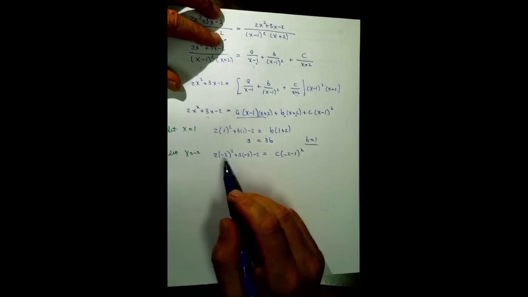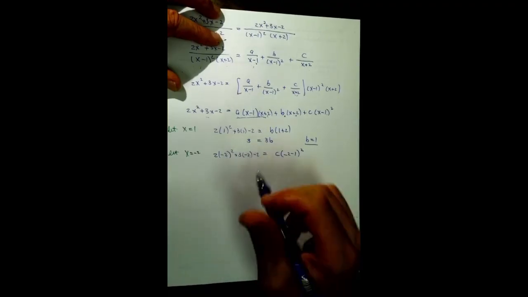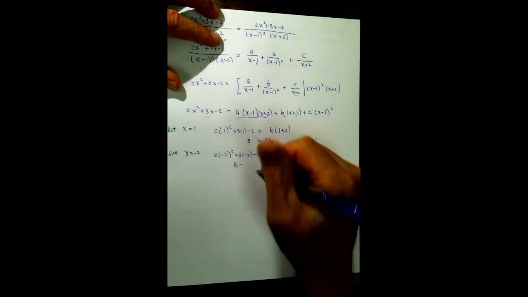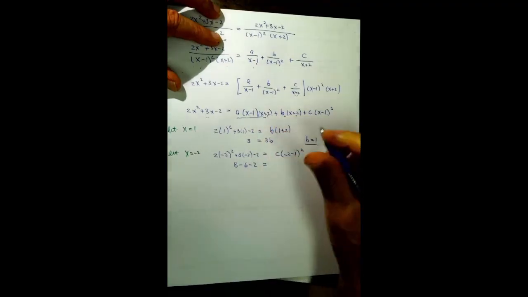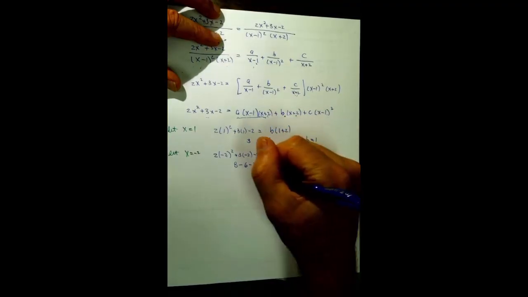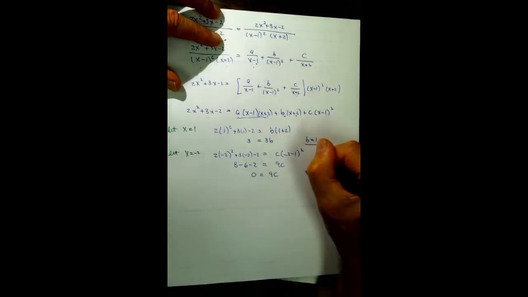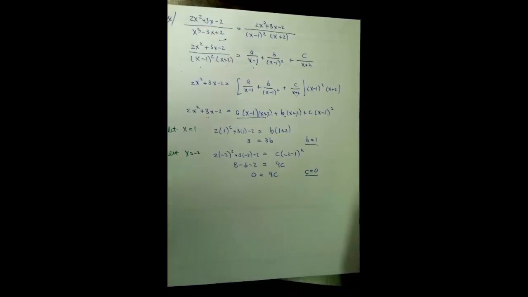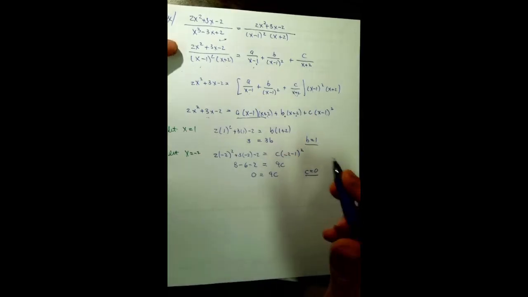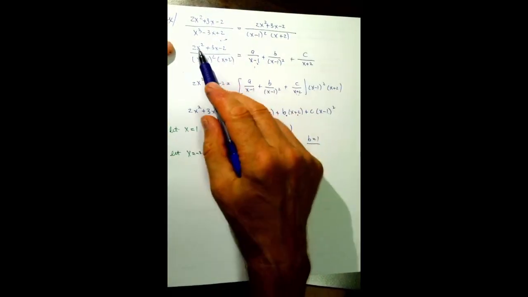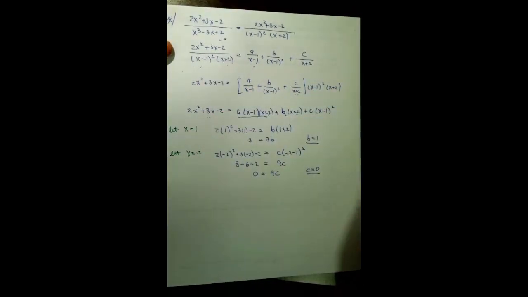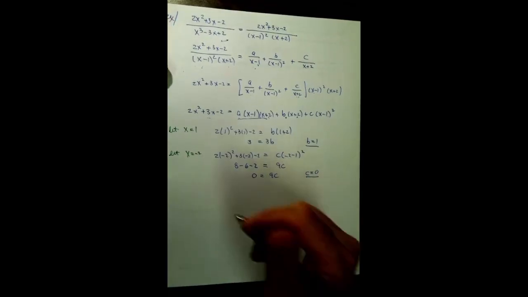So this becomes 4 times 2 is 8, minus 6, minus 2 is going to be 9c. So 0 equals 9c, so c equals 0. Didn't see that coming. And so this means that x + 2 must factor out of the numerator. That's okay. It doesn't matter.